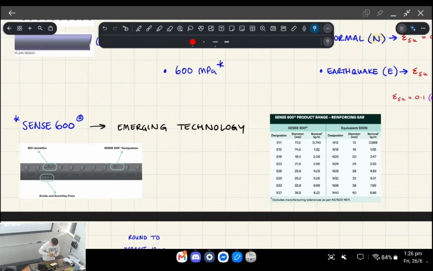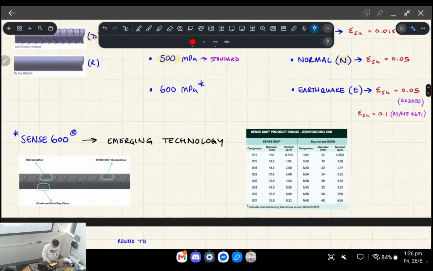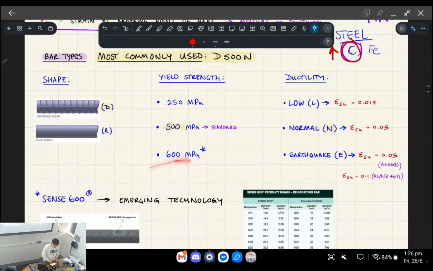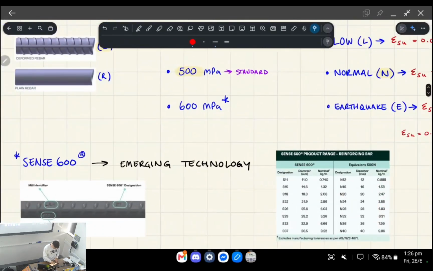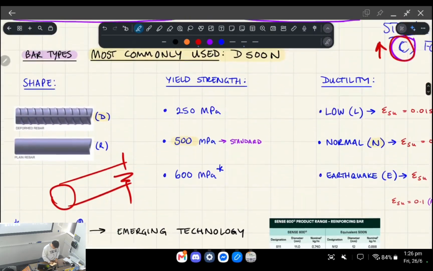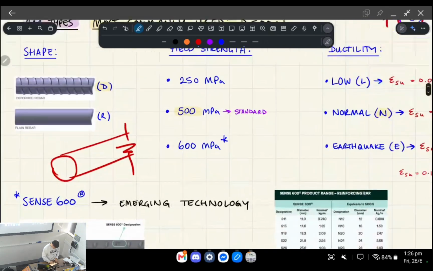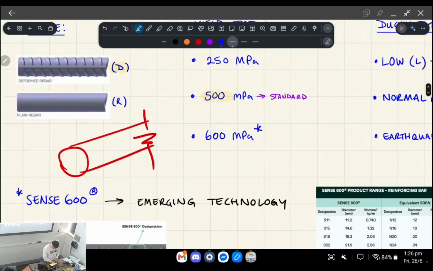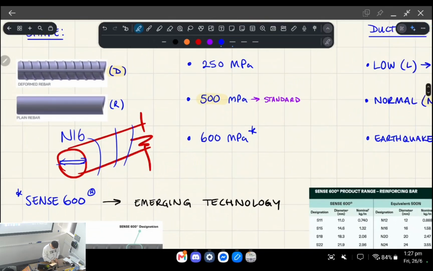But essentially, CEN 600 is a 600 MPa yield strength bar, okay? And so it's higher strength, but if you imagine, for example, you've got a 500 MPa normal ductility bar, and let's just say it's the one that I passed around before. It's an N16, so the diameter is 16.